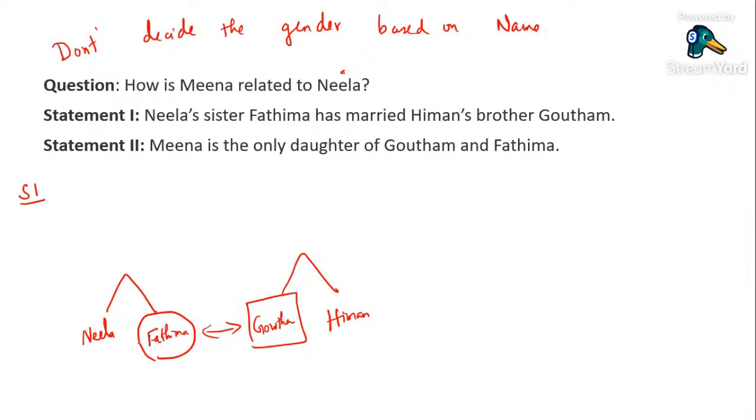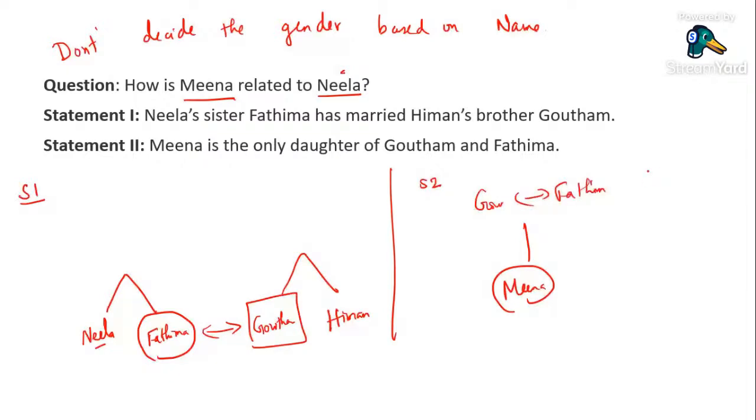So with this statement, can you tell what the relation is between Meena and Neela? No, because there is only information about Neela. There is no Meena involved here. Let's take statement 2 alone. Statement 2 says Meena is the only daughter of Gautam and Fatima.